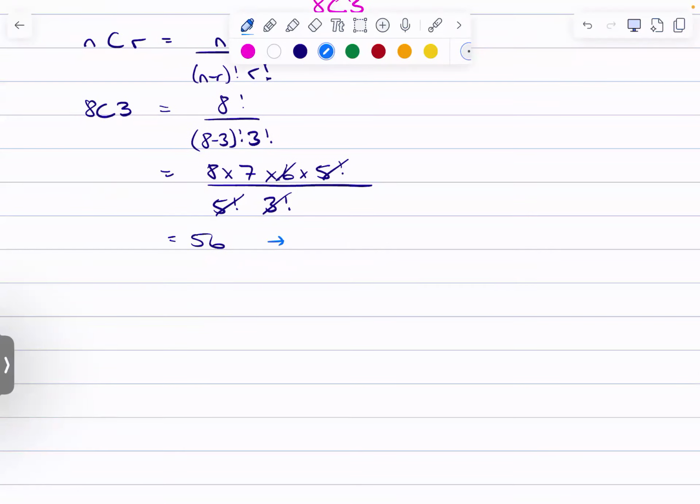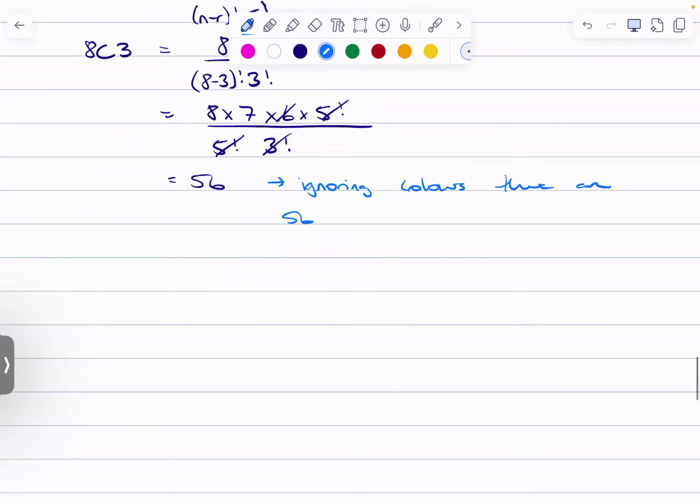So here, ignoring colors, there are 56 ways to choose 3 out of 8. That's going to become our denominator in our probability.